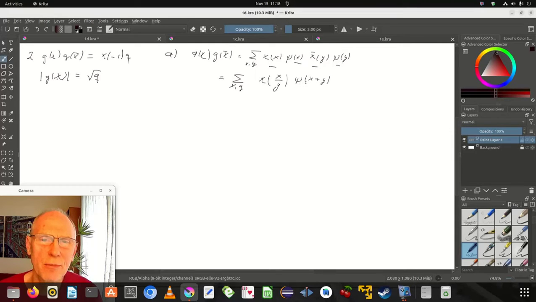If we sum so that x plus y runs through all the values of the field, then what can the fraction give?